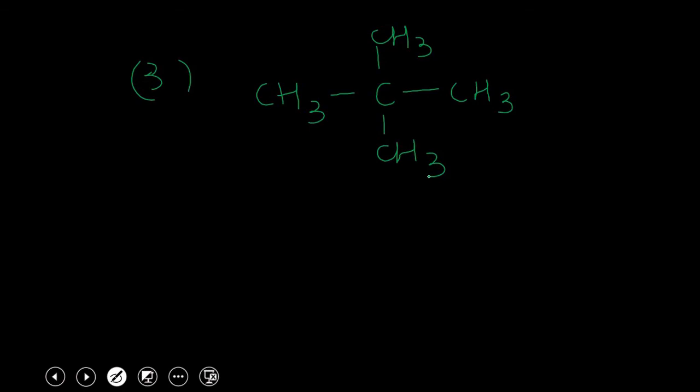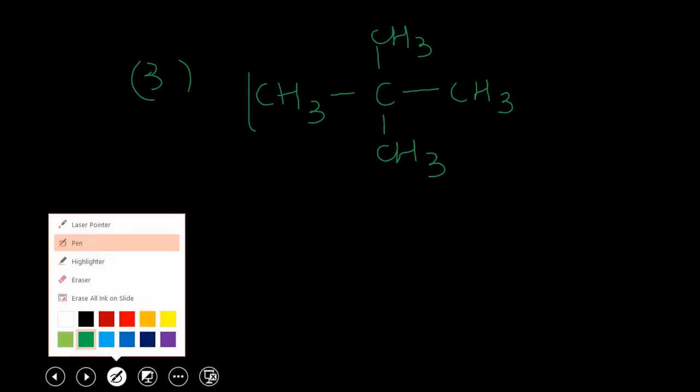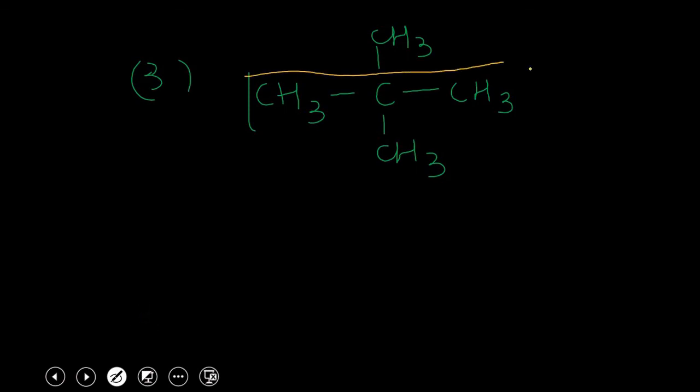So if we say its IUPAC name, children, you can easily see, I'll use a different color so it will become easy for you to understand. A chain of 3. For 3 carbon atoms we use the word prop.